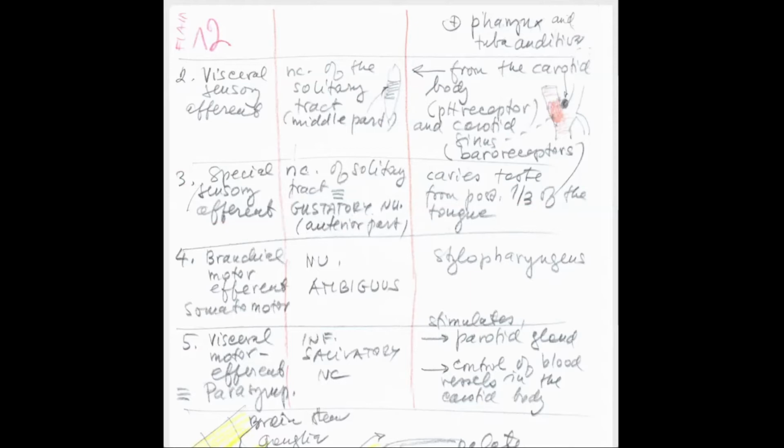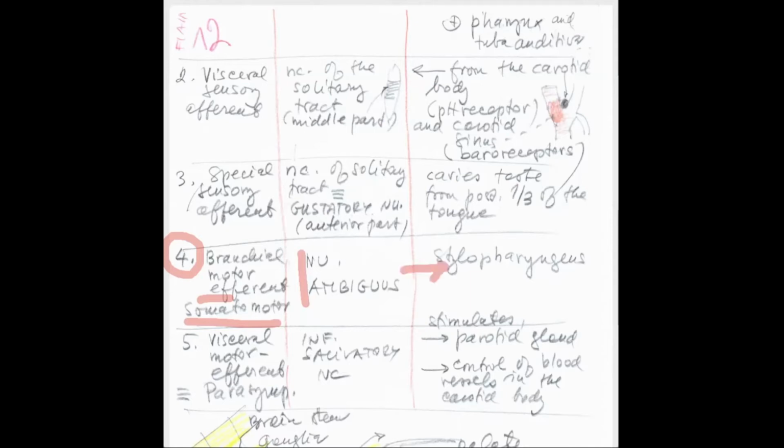Concerning the type of fibers, branchial motor efferent, these are somatomotor from the nucleus common for nerves number 9, 10, and 11, the nucleus ambiguus, innervating the stylopharyngeus muscle.